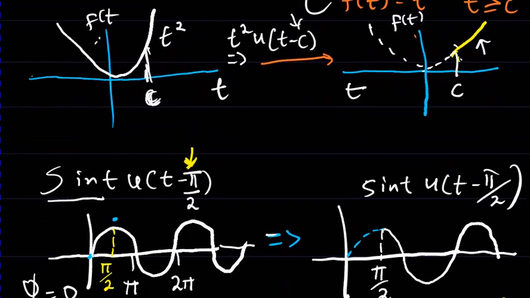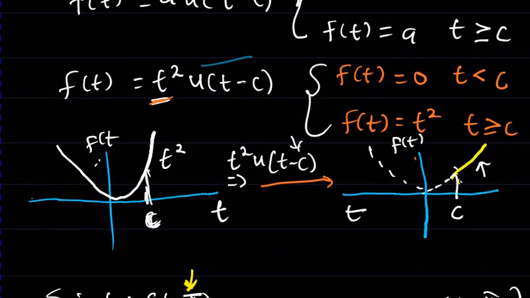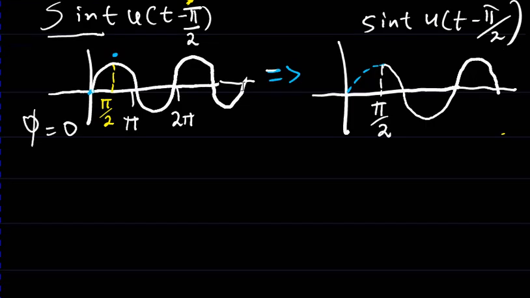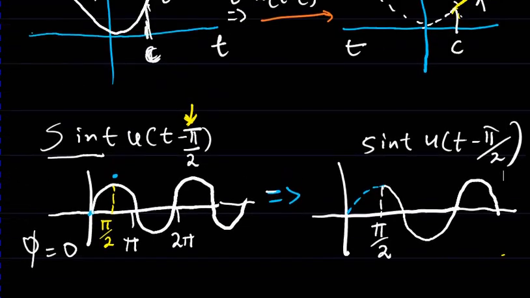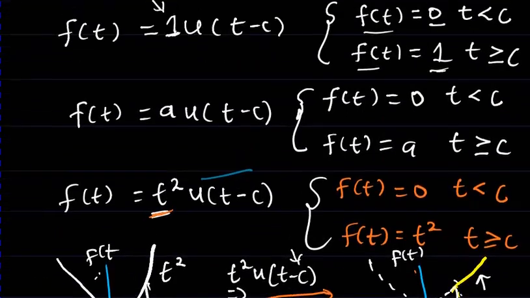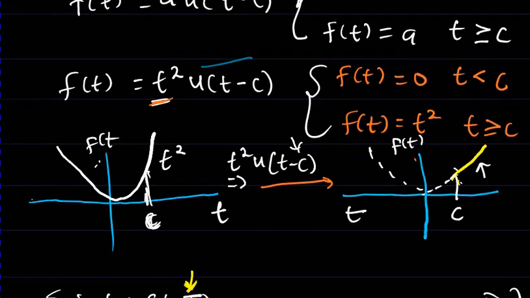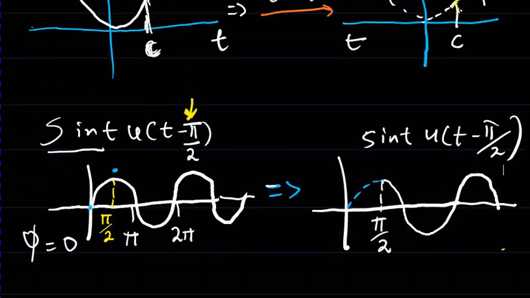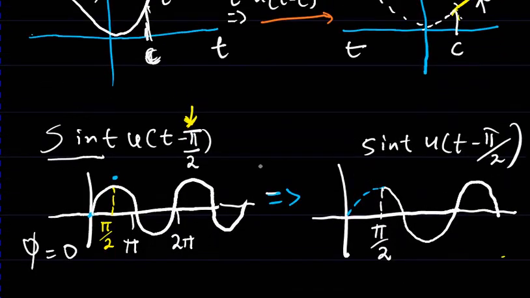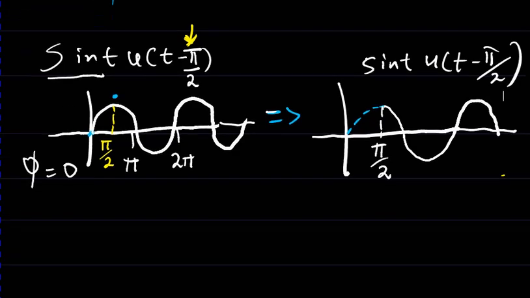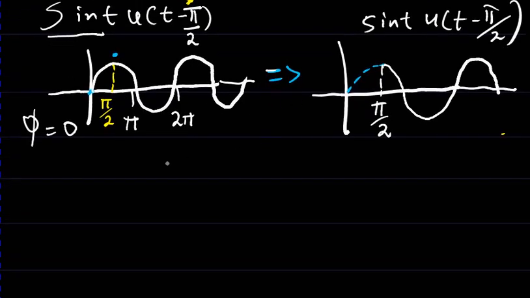All right, so that is it. What is really very important for us to understand here, apart from understanding the effect of the unit step function on different functions and of course their graph, is that we need to also know how to apply Laplace transform of a unit step function. Okay, so let's do that.